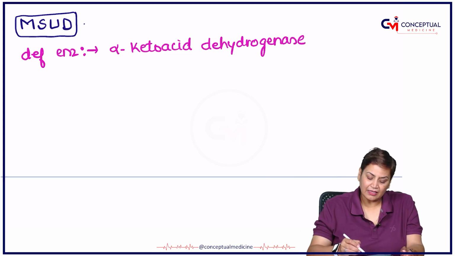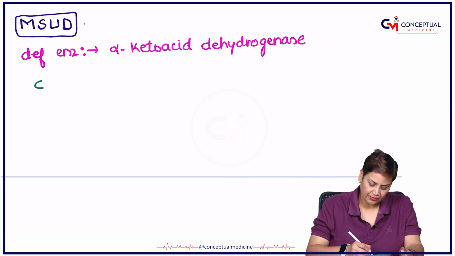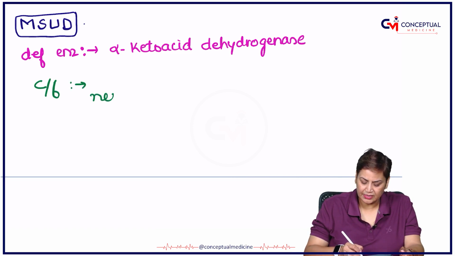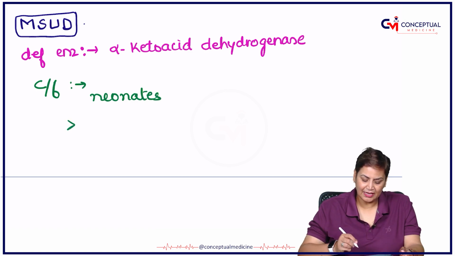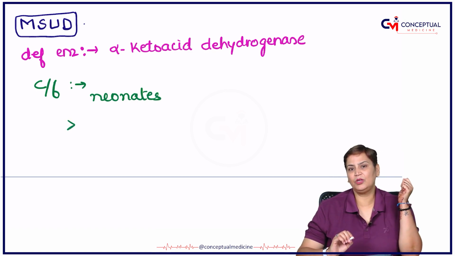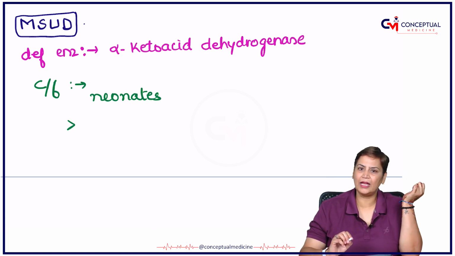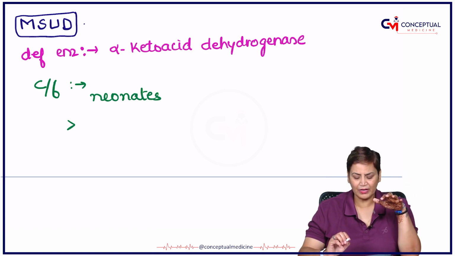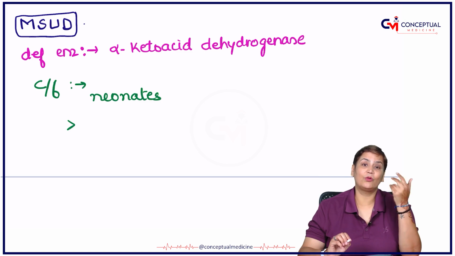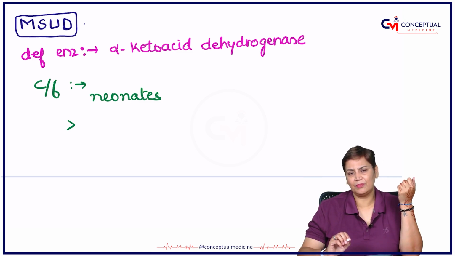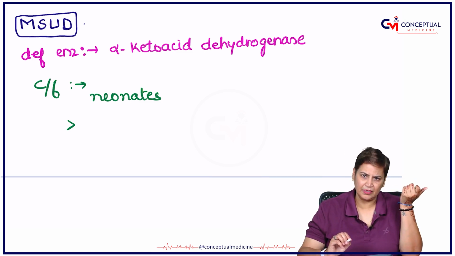Now, what are the clinical features associated with this? Mainly in the neonates. Since branched chain amino acids are required for the growth and development of the child, what will happen if the enzyme required to degrade them is absent?